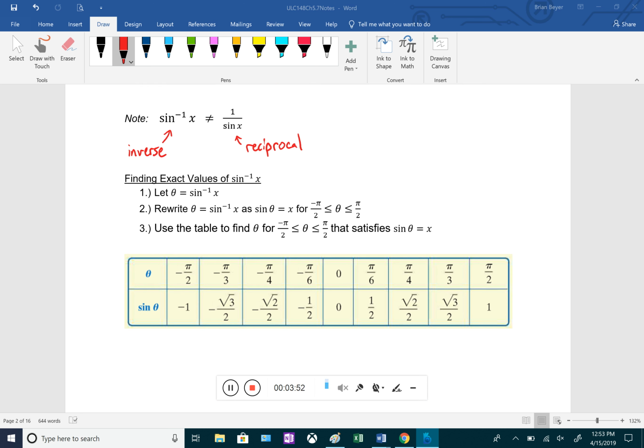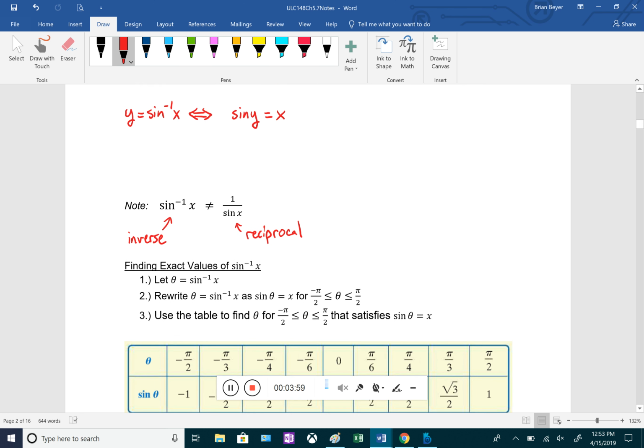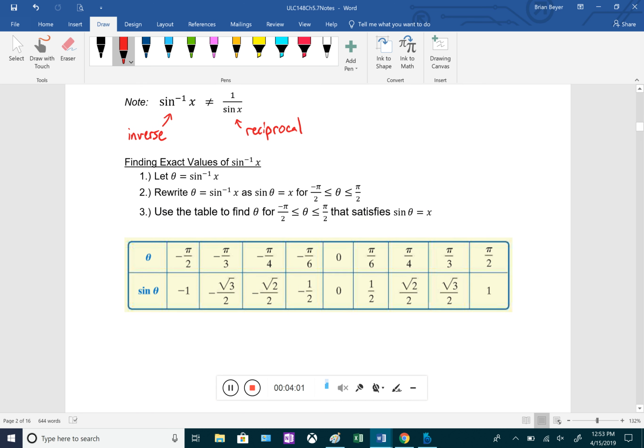So what we're going to be doing is evaluating exact values of sine inverse of x. The way we can do this is using that definition right up here. We can let theta equal sine inverse of x, whatever it happens to be, and then we can rewrite theta equals sine inverse of x as sine of theta equals x. And what we have to do is remember the restricted domain.